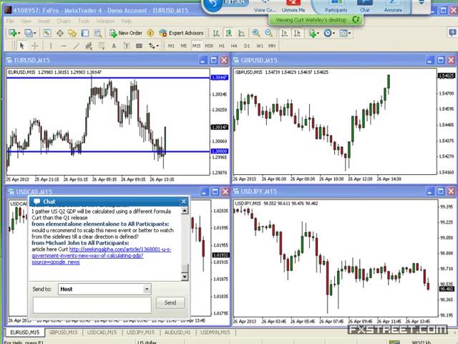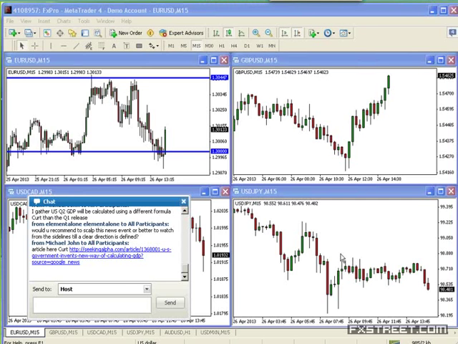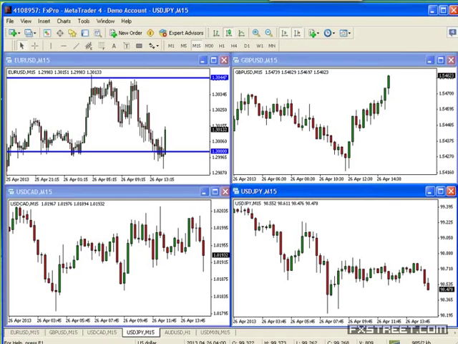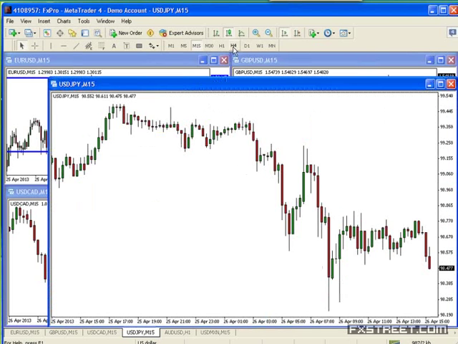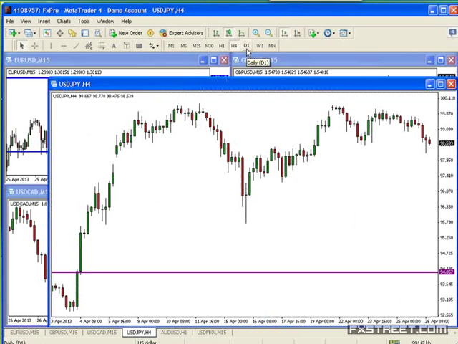So we're going to wait for the report here, see what the market's response is, focusing especially on the dollar-yen 15-minute chart here. Again, focus on dollar-yen, particularly because of the sensitivity of this pair to news.